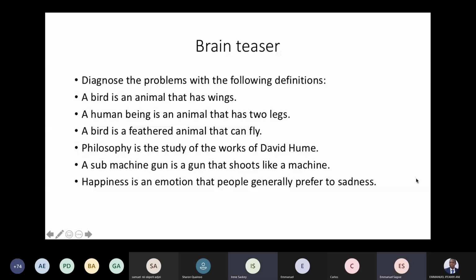You say I have a question. Go ahead. Please, why is the last one begging the question? Yeah, the last one is begging because an emotion that people generally prefer to sadness is like a factual statement. I wouldn't say it is a value statement. It's a factual statement because you are saying something we can verify by asking people what they prefer.